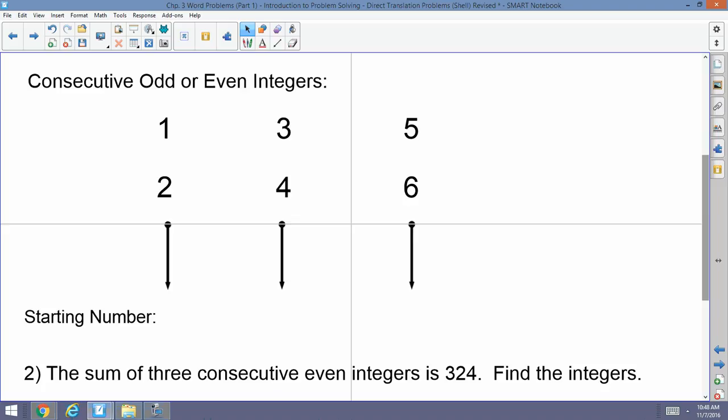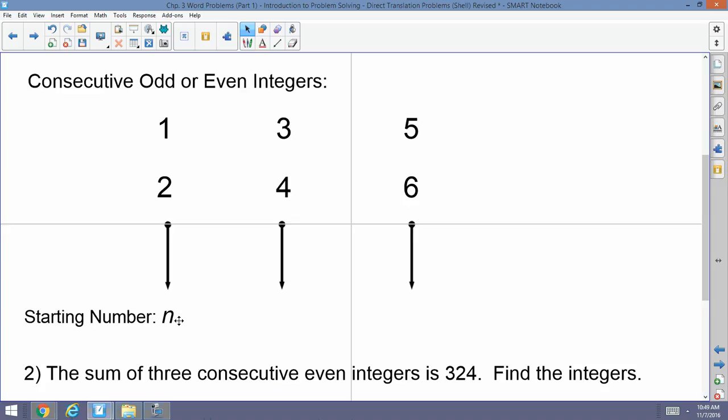My unknown number would be n. That's easy enough. Now, how did I get from 1 to 3, y'all? And how did I get from 2 to 4? Plus 2. Whoever said plus 4, no. I added 2 to 1, and I added 2 to 2.